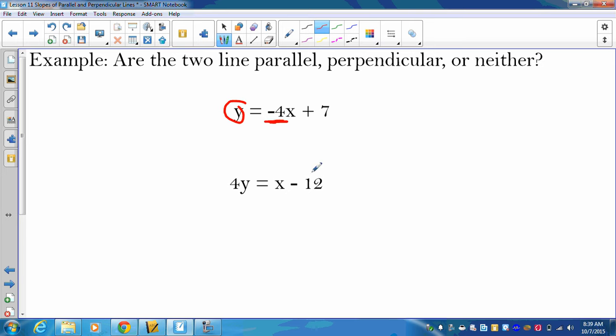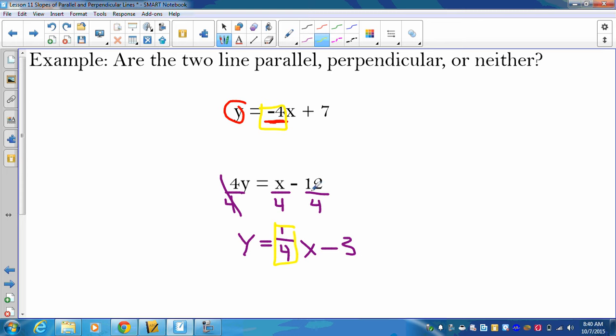We need to put this bottom one into slope-intercept form, and we can do that simply by dividing everything by 4. And those 4's cancel. This gives me 1/4 x minus 3. So we're looking at the numbers in front of x.